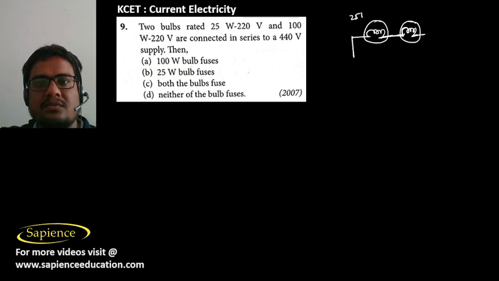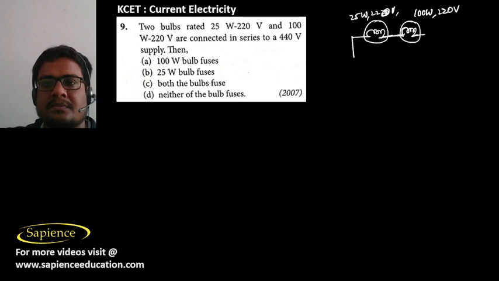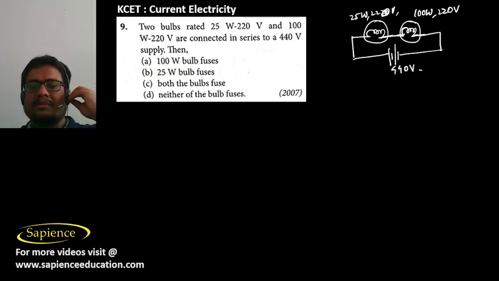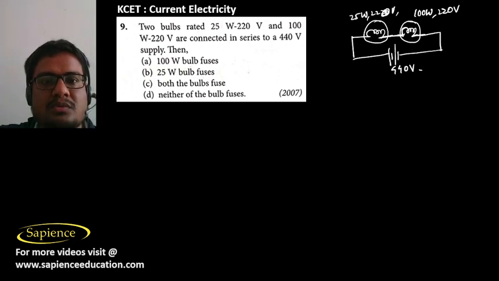One is 25 watt 220 volt, and this one is 100 watt 220 volt. So they are connected in series to a 440 volt supply. Then does the 100 watt bulb fuse, the 25 watt bulb fuse, both bulbs fuse, or neither bulb fuses? So that we have to find.